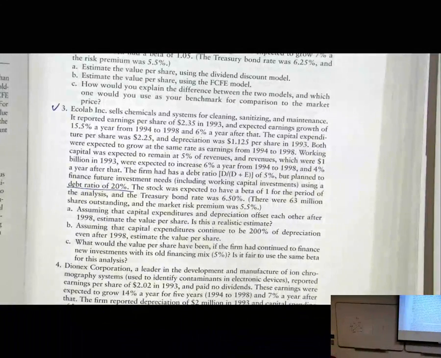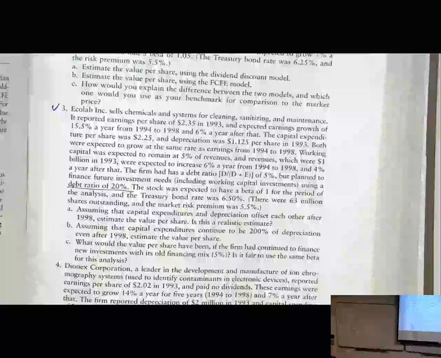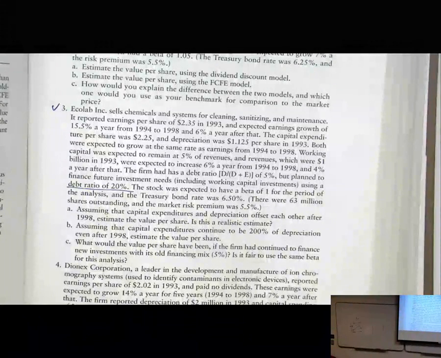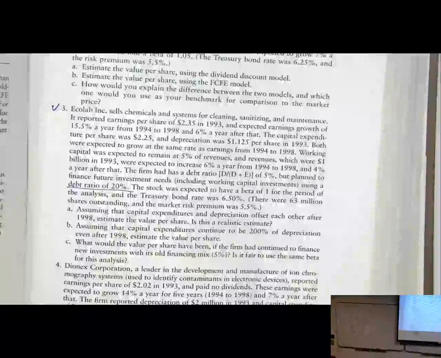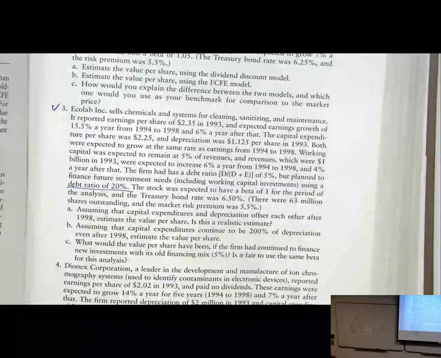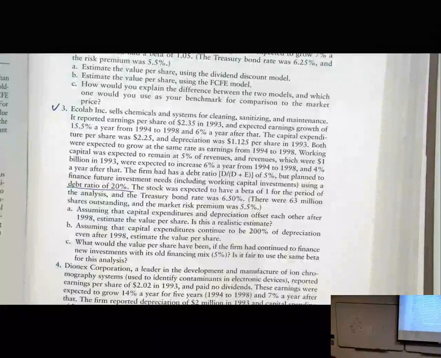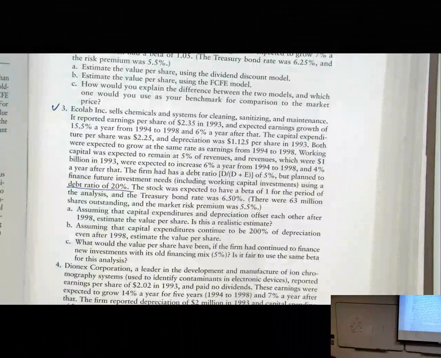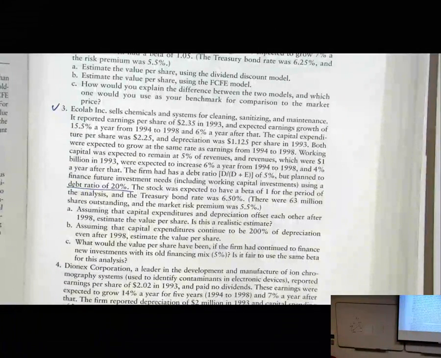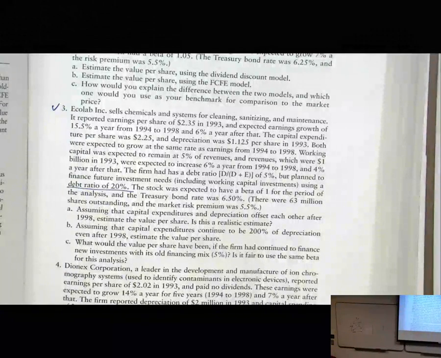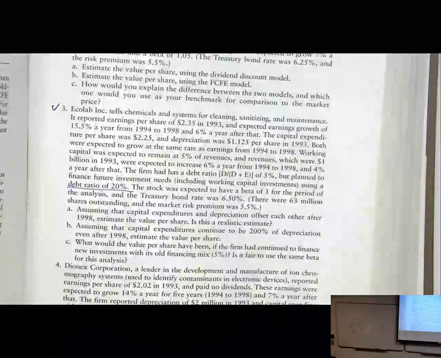The firm plans to finance future investment needs using a debt ratio of 20%. The stock was expected to have a beta of 1 for the period of the analysis, and the T-bond rate is 6.5%. Three questions. Assuming capital expenditure and depreciation offset each other after 1998, estimate the value per share. Is it a realistic assumption?